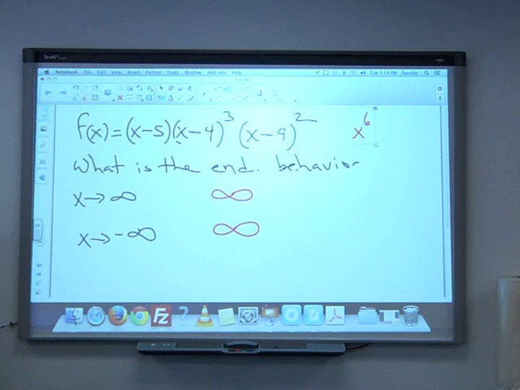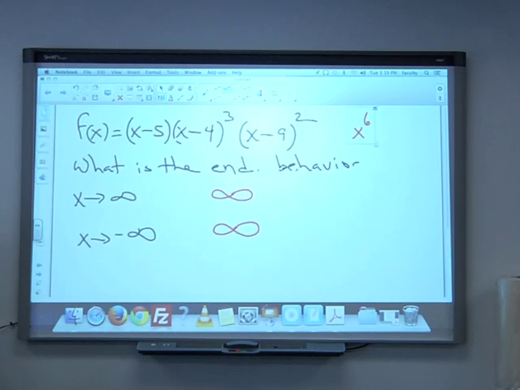So if that was like x to the 7th, it would be negative infinity at the bottom, yes. So if you have it like that, just add all the exponents and then go from there. Again, with even exponents, the end behaviors are going to match up. With odd exponents, they're opposites.